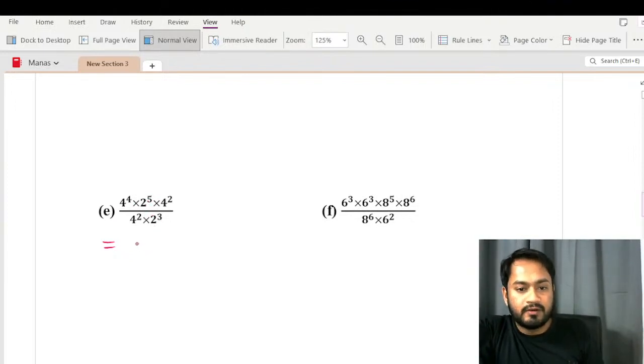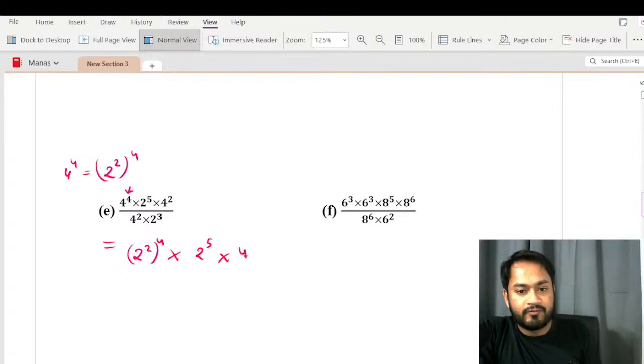You know that I can write 4 raised to power 4 as 2 raised to power 2, and the whole power 4. So I write this as 2 raised to power 2 to the power 4, multiplied with 2 raised to power 5.